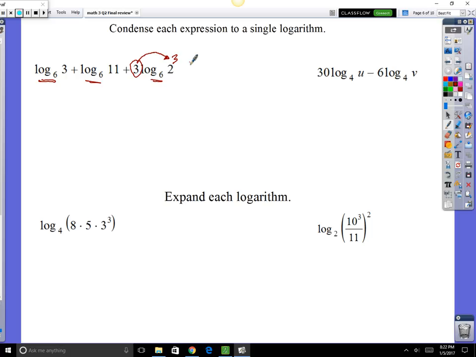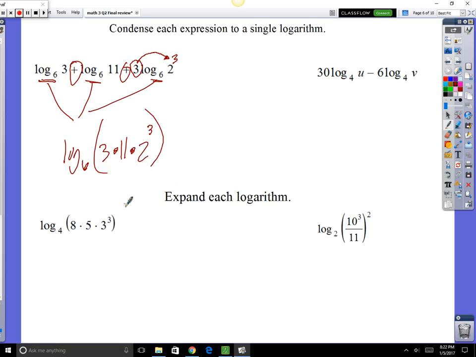So take that there, and you can turn all 3 of these logs into one single log. And if you're adding, addition is related to multiplication. So you're going to take this guy times this guy times this guy, which is 2 cubed. And that's your answer.